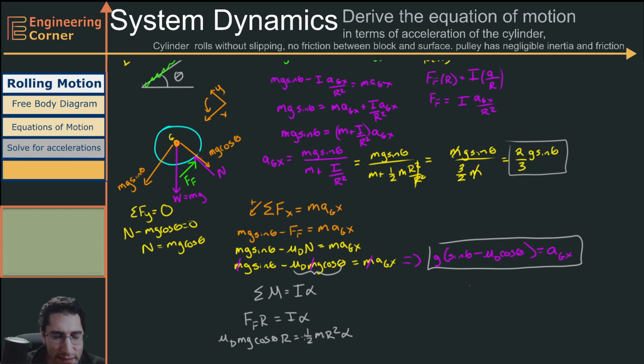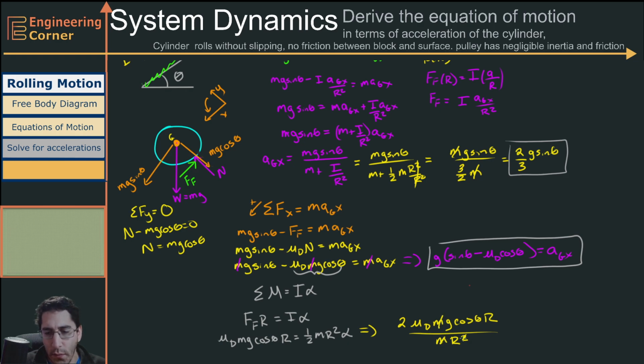Now divide this over. When we divide this over, we get alpha is equal to 2 mu d mg cosine of theta r over m r squared.